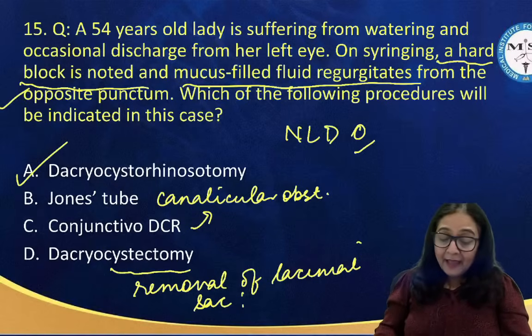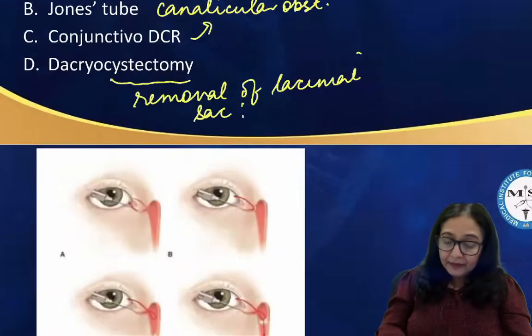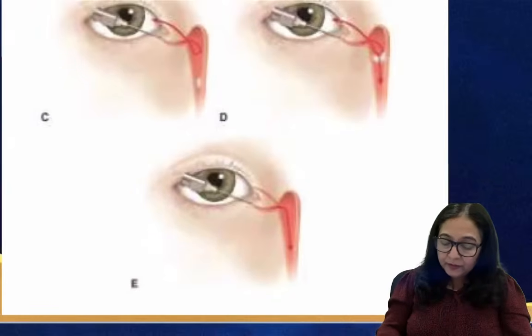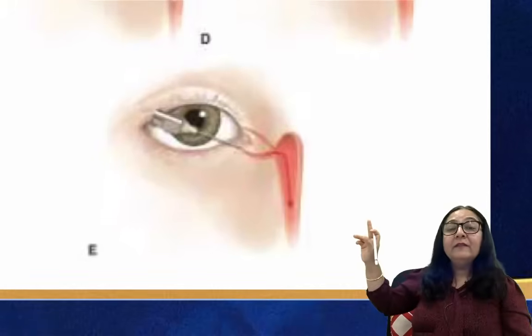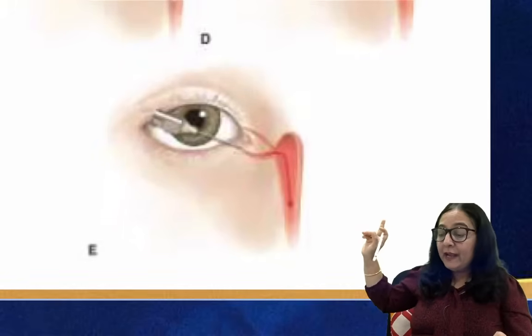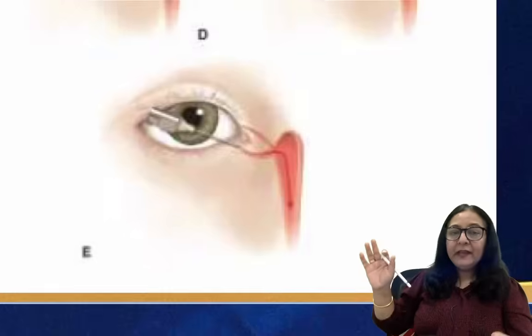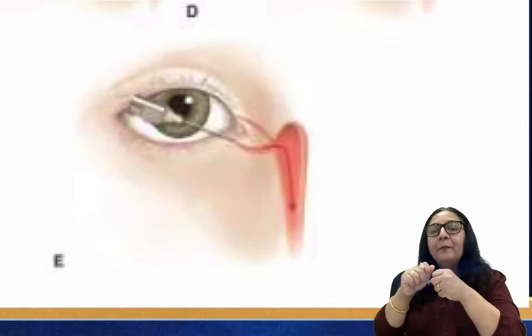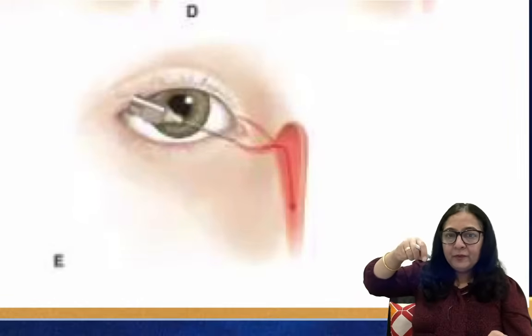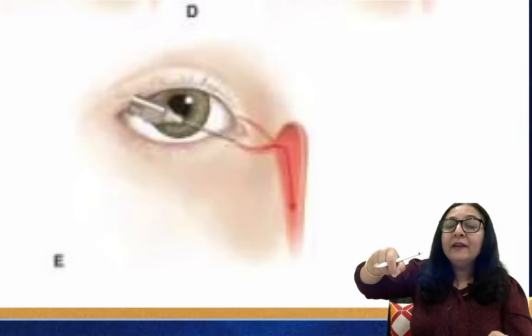If you want to quickly go through the findings of syringing and probing, we can do that with the help of this image here. In syringing and probing, first of all, with the probe you try to go through the puncta and see how far you can go.